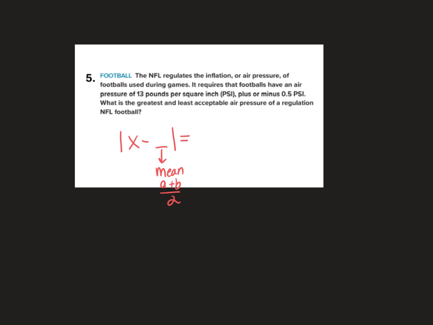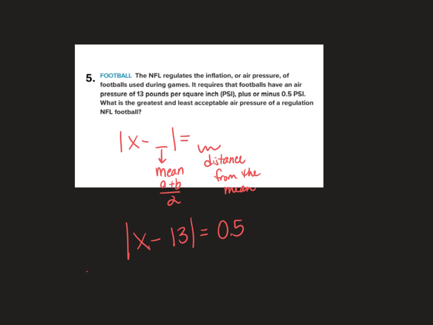And then it equals the distance from the mean. Well, in this circumstance, it's given to us. The mean air pressure is 13. So x minus 13 equals 0.5. That's how far it is from the mean.